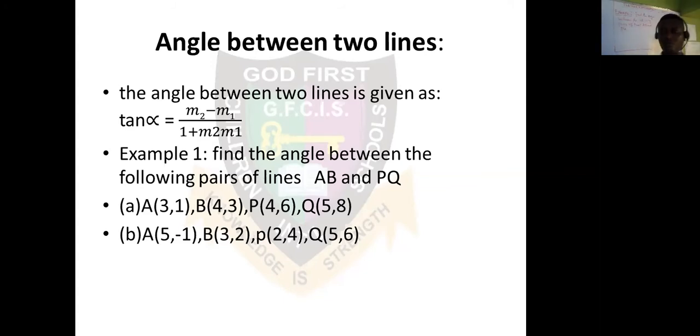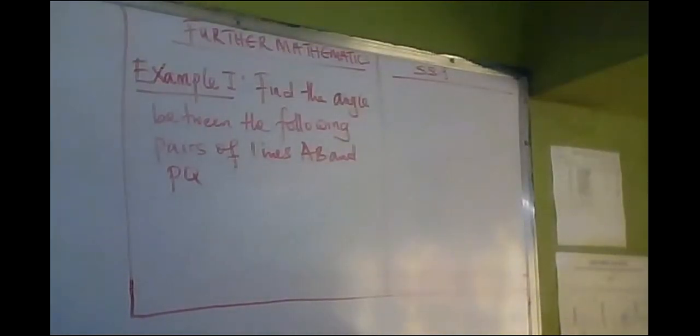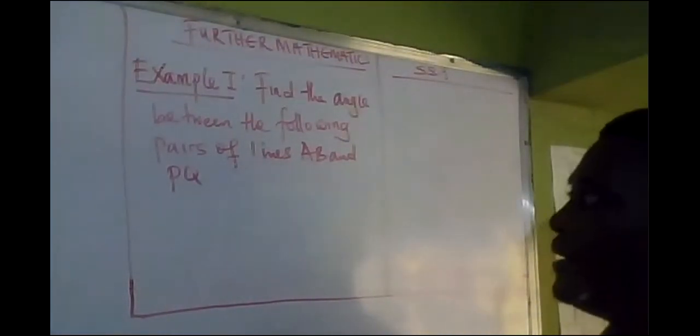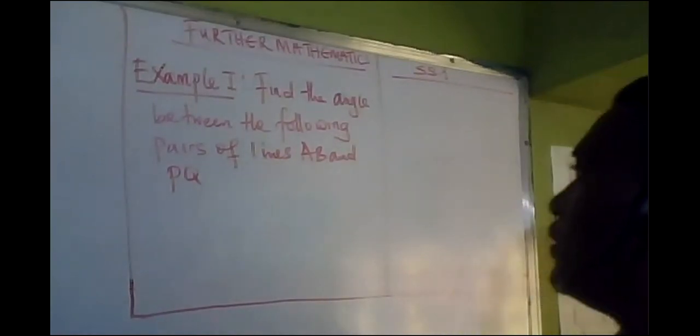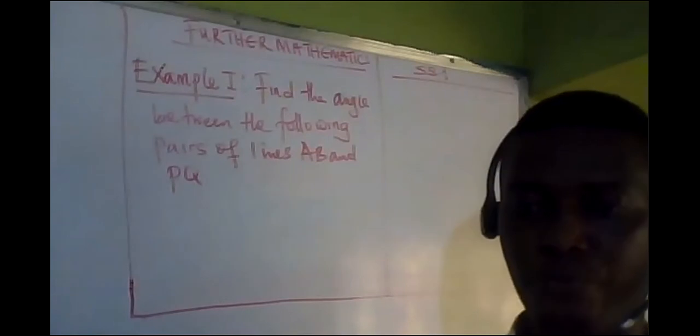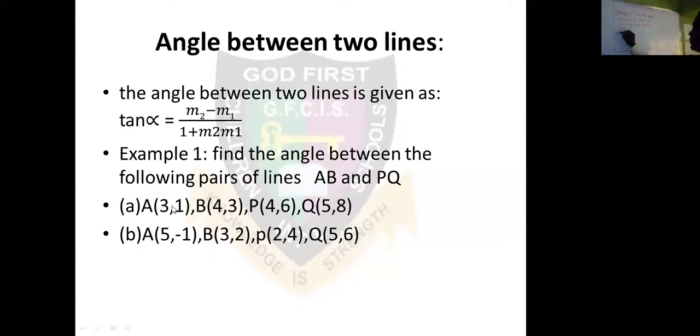So that's the first thing we are going to do. Now, the first example: find the angles between the following pairs of lines AB and PQ. Pick just one. We pick the first one, then you can try the second one yourself.